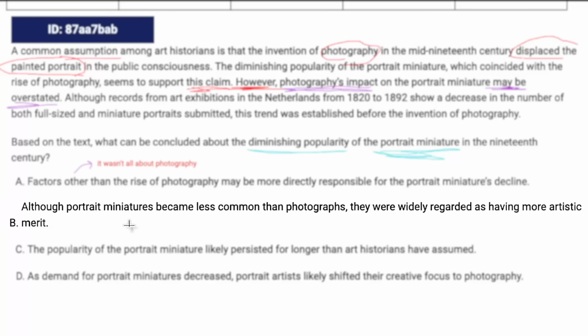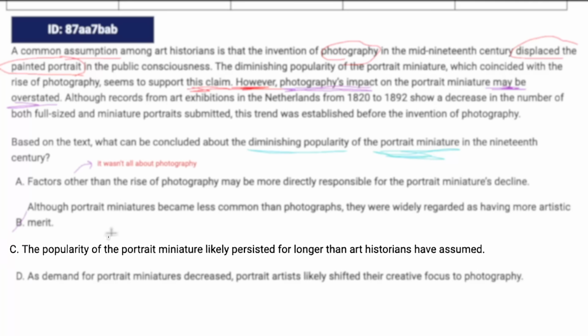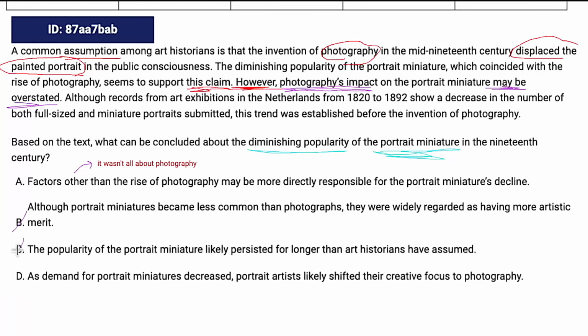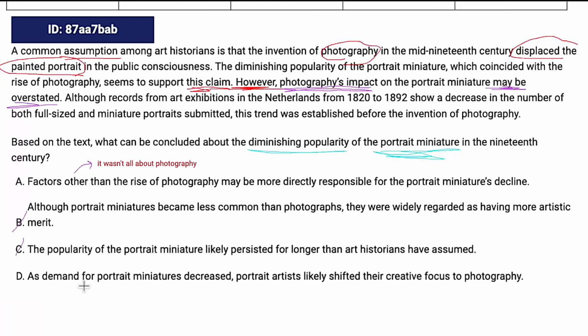B, although they became less common than photographs, they were widely regarded as more artistic. Nope. C, the popularity likely persisted for longer. Nope. D, as demand decreased, portrait artists likely shifted their focus. Nope. So just like that, we've got choice A as our correct answer.